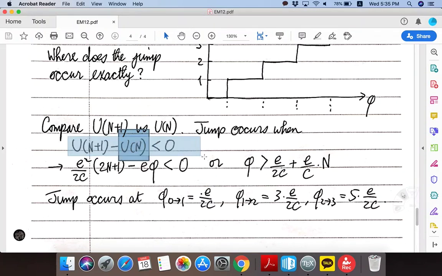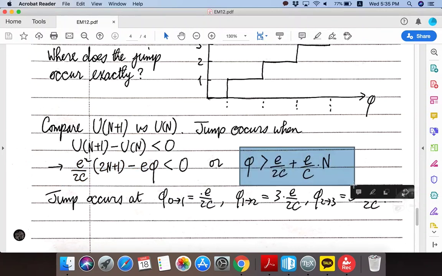If this energy difference becomes negative, that means it's energetically more favorable to put n plus 1 electrons in the quantum dot rather than only n electrons. So that's presumably when the jump must take place. If you compute this difference, that's a simple piece of calculation, then after a slight amount of rearrangement, you find this expression.